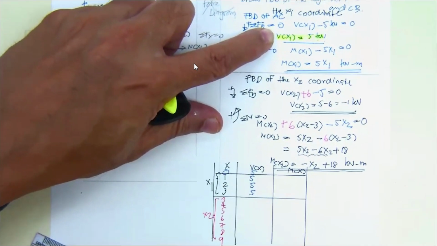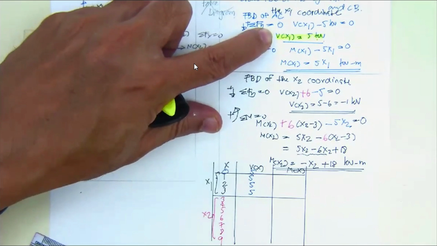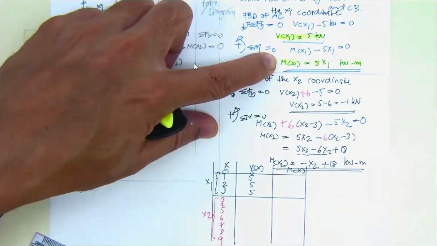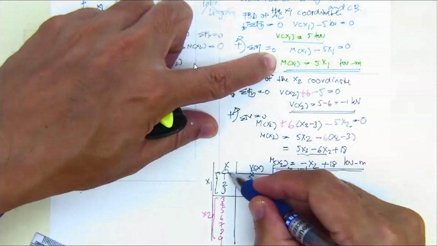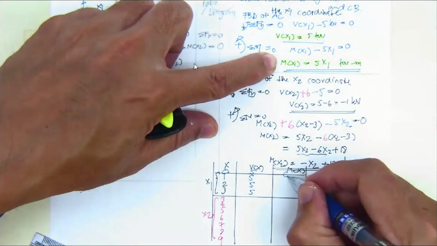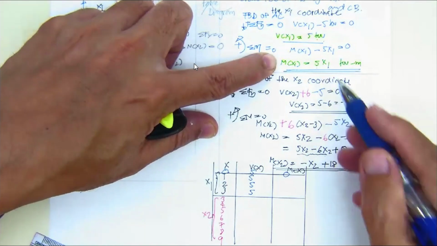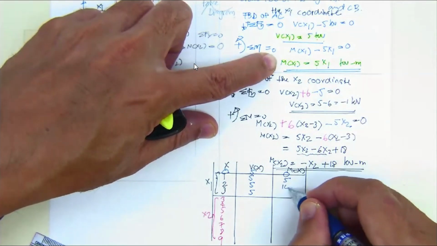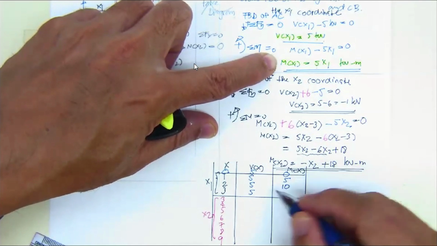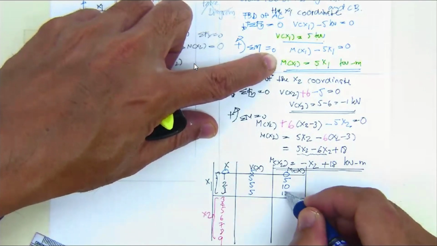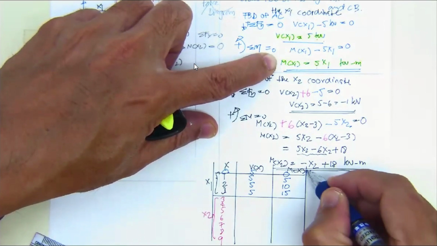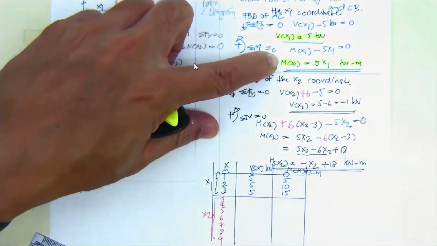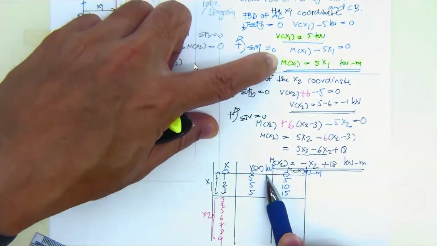Now, for the second equation, M sub x1, this is going to be 5x1. When this one is 0, 5 times 0 is 0. 5 times 1 is 5. 5 times 2 is 10. 5 times 3 is going to be 15. This is going to be kilonewton meter, and this is going to be shear force in kilonewton.